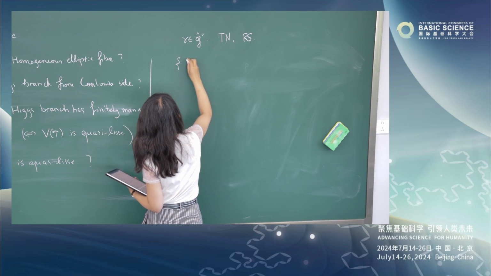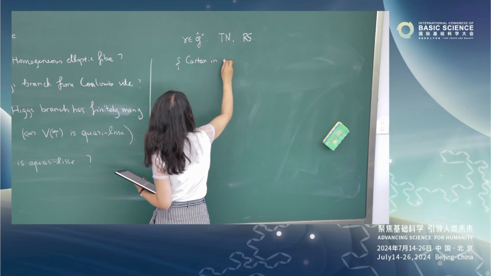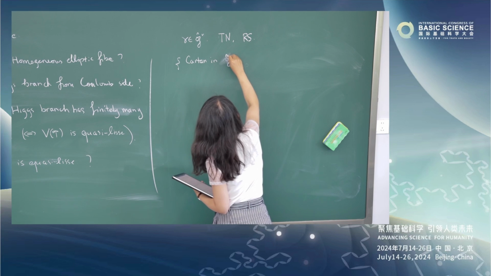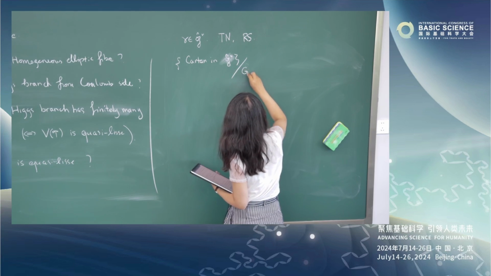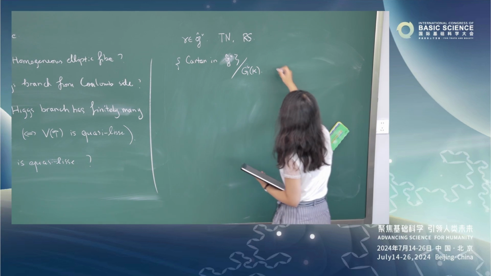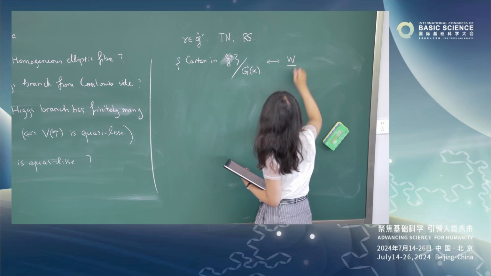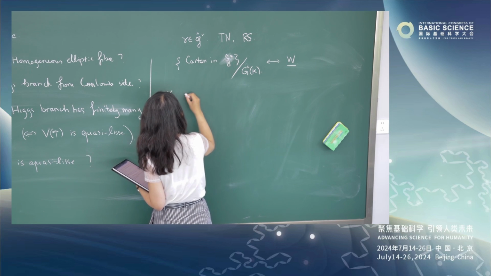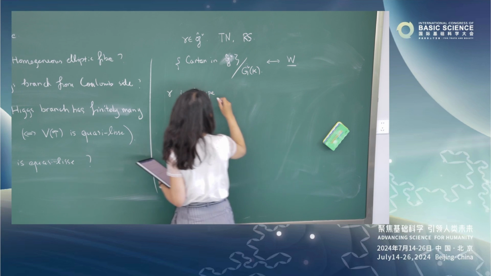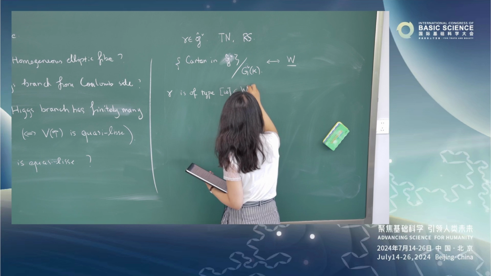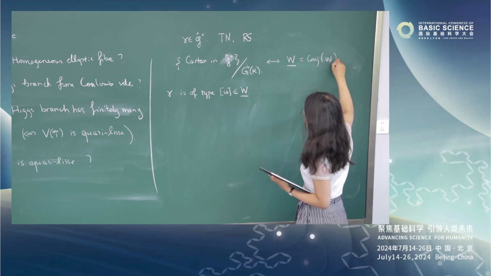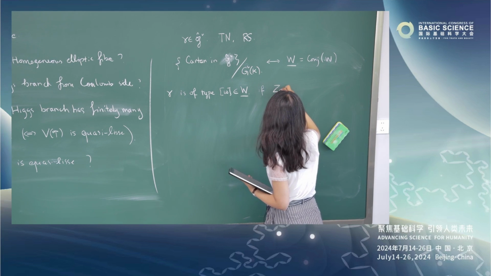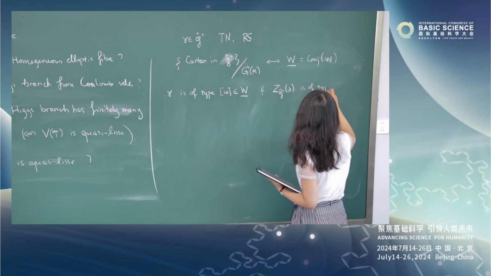And then the Cartan subalgebras in the loop algebra, modulo conjugation by G((t)), are in bijection with the conjugacy classes in the Weyl group. So we say gamma regular semisimple is of type w, a certain conjugacy class in the finite Weyl group, if its centralizer is of type w.